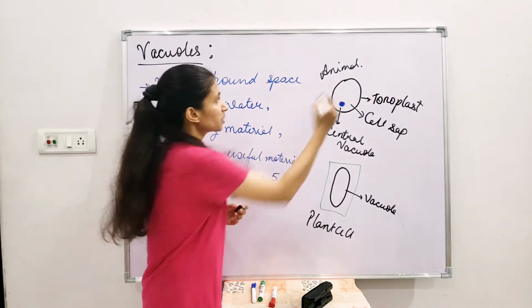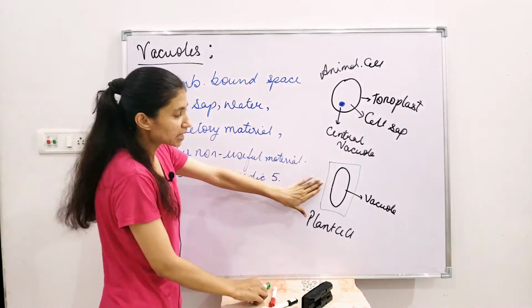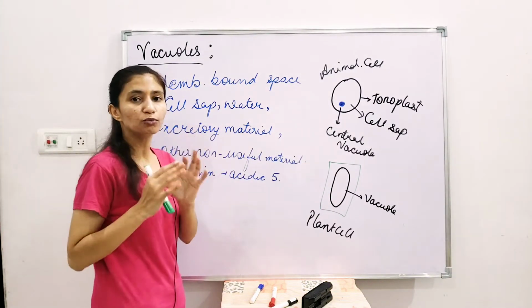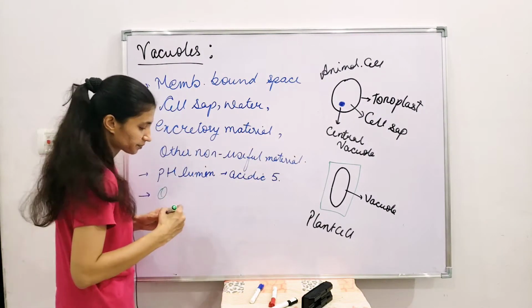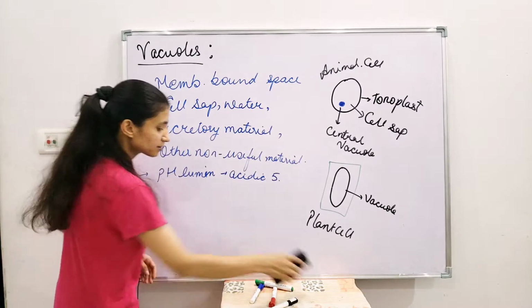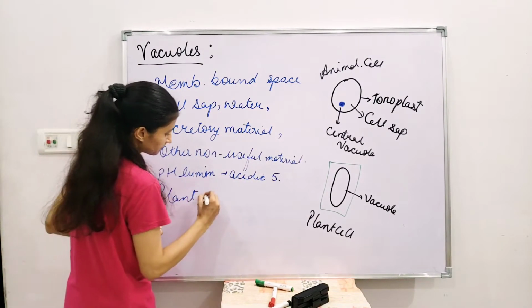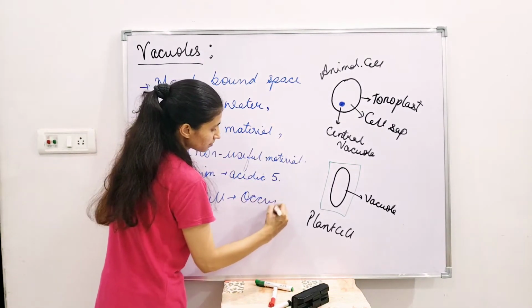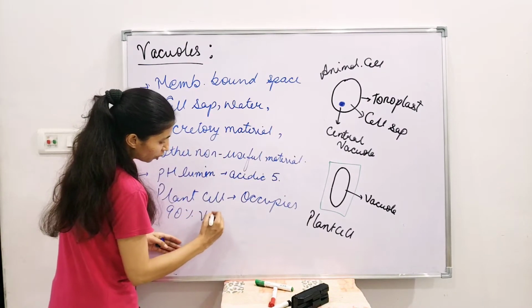But the major difference between the vacuole of the animal cell and the plant cell is that in the plant cell the vacuole occupies 90% of the volume of the whole cell.